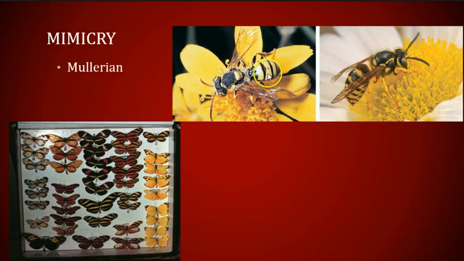This means anytime you see black and yellow, if you live in this area, it's going to be a bad thing, right? All of these guys will hurt you. And so having this similar color pattern, right? All of these guys taste bad, and they all look alike. So, well, I mean, there's groups, but you know what I mean. So this has a really fast learning curve. There's no point at which you're going to get a tasty one because they're all bad for you.